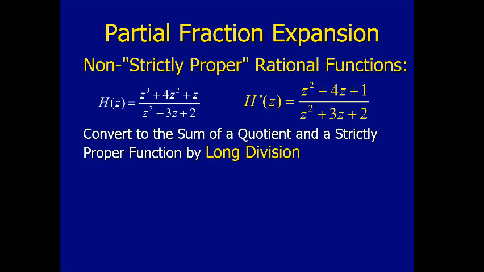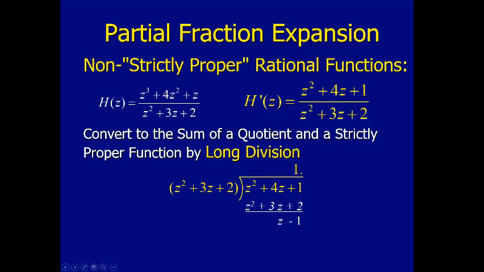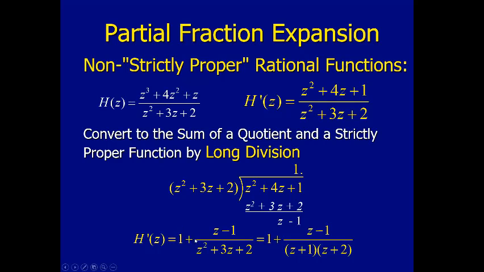In that case, if that's what you're left with and you want to do partial fractions, you can always use long division to literally divide the numerator by the denominator, which will give us a whole number value and a remainder, which is equivalently the 1 plus the remainder over the original denominator. So this will give me an equivalent expression to this, so I haven't changed anything. And we'll partial fraction expand this strictly proper part and keep this whole number value around, and inverse transform it separately.